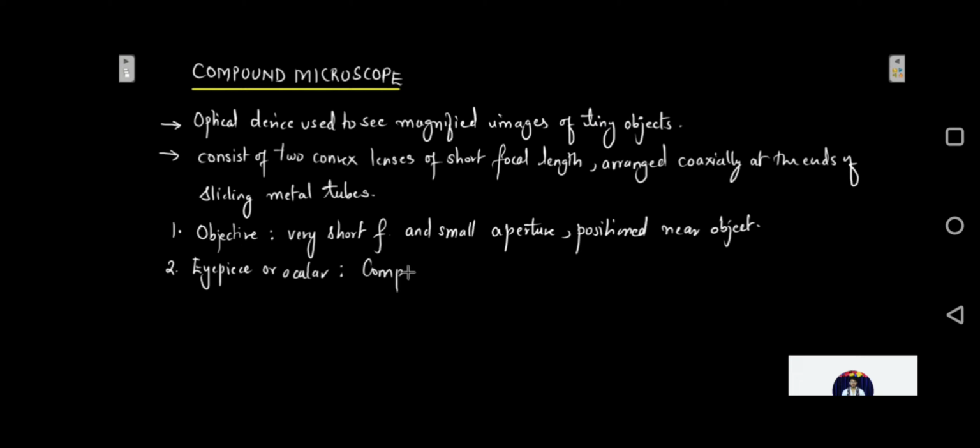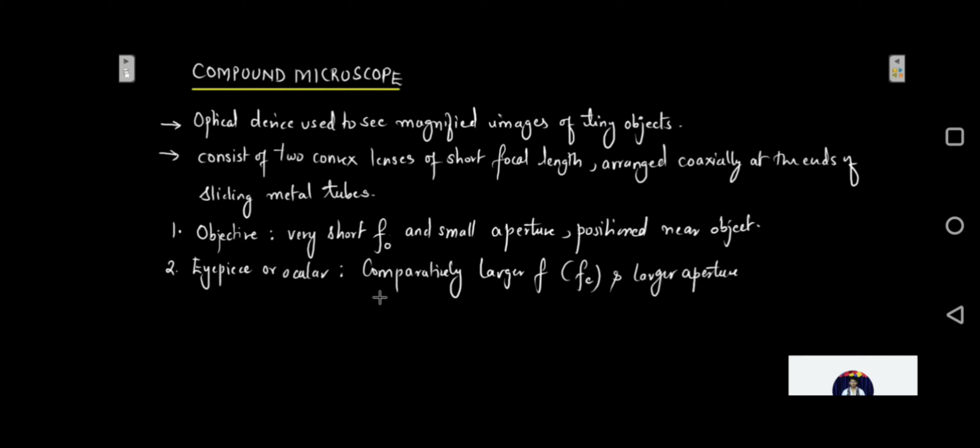Otherwise both have small focal lengths. The focal length of the eyepiece will be denoted by Fe, and the focal length of the objective by Fo, and the eyepiece also has a larger aperture as compared to the objective.